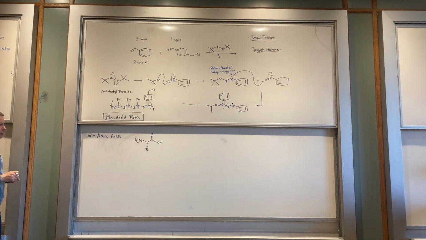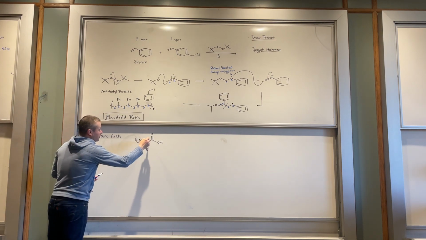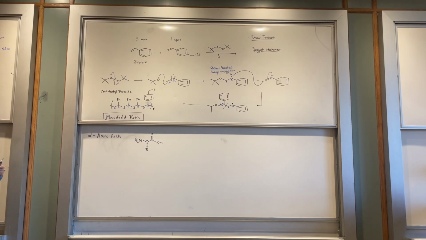Okay, so 19 of them are going to be chiral. We call them alpha amino acids because the alpha is in reference to the carbonyl group of the carboxylic acid. So the amine group is alpha to the carboxylic acid group, which is why we call these specifically alpha amino acids.